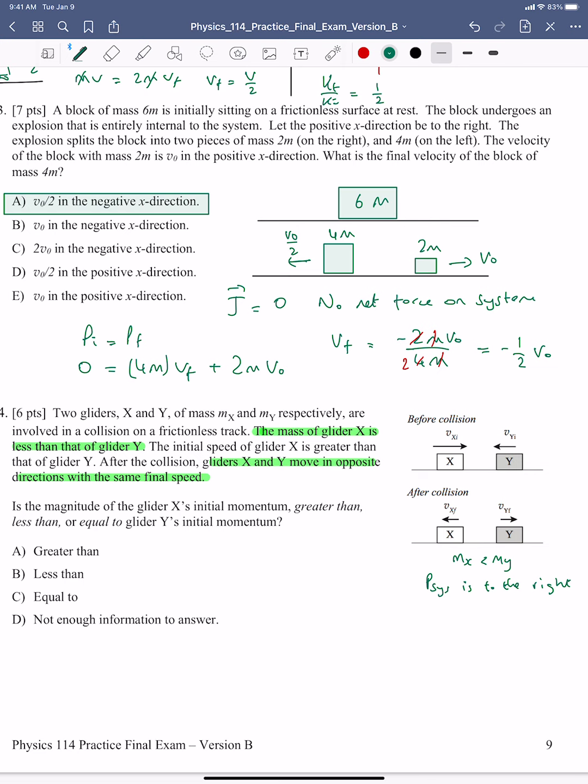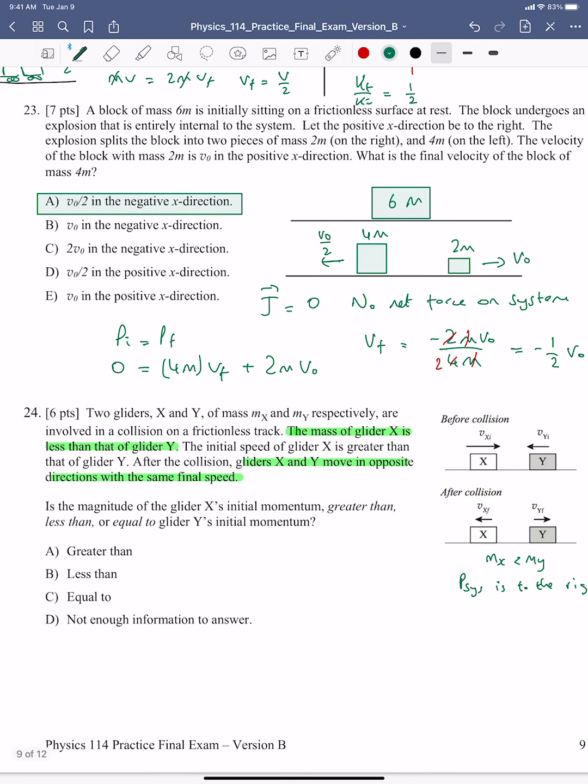It's a level frictionless track, so the momentum at the beginning of the system must be to the right. So since x only has rightward momentum and y has momentum to the left, the momentum of x must be larger than that of y, so greater than is the correct answer.